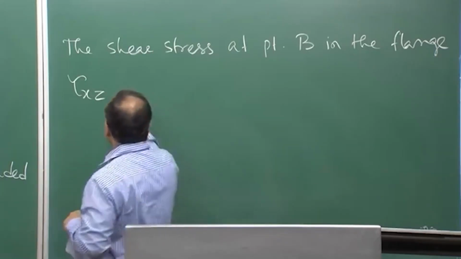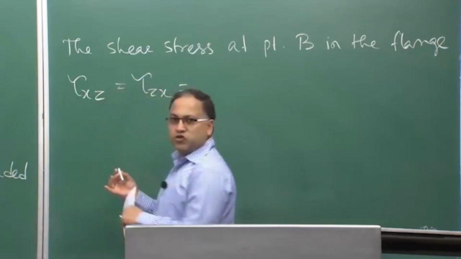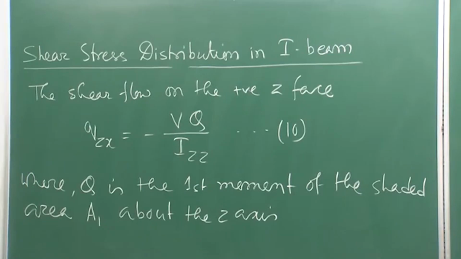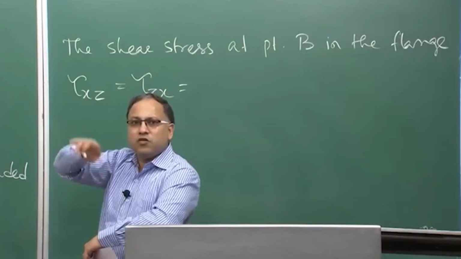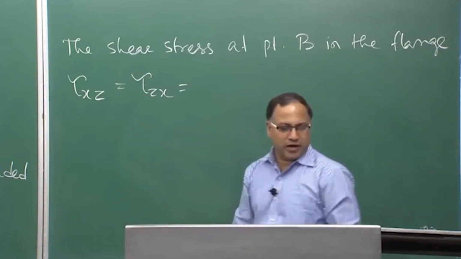That is nothing but tau xz, which must be equal to tau zx, which will be equal to the shear flow divided by the thickness. The shear flow is nothing but the shear force per unit length of the beam. So, this is varying over the whole plane, that is T1, right.